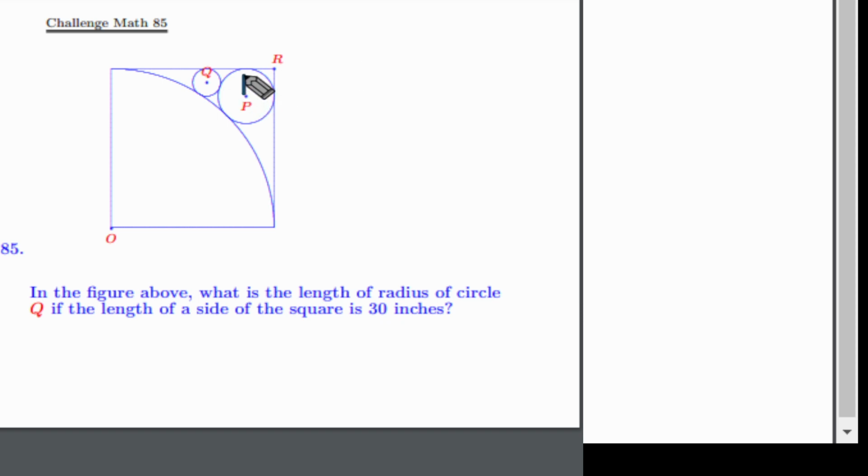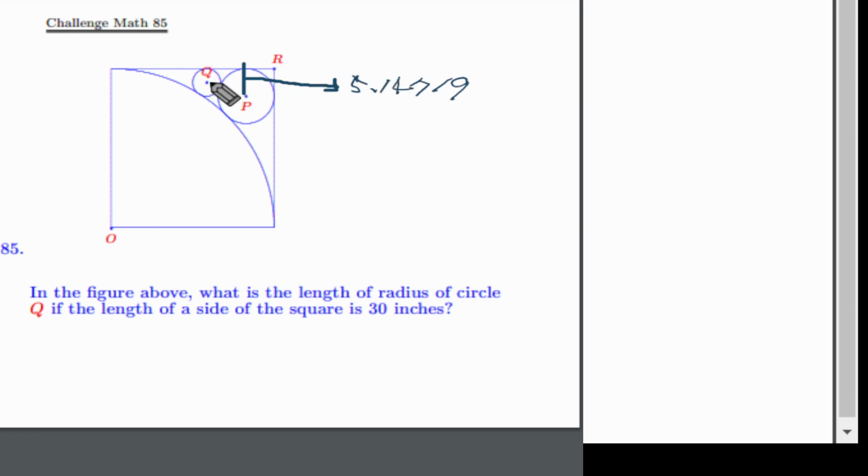On 84, we got this radius as 5.14719. Okay.